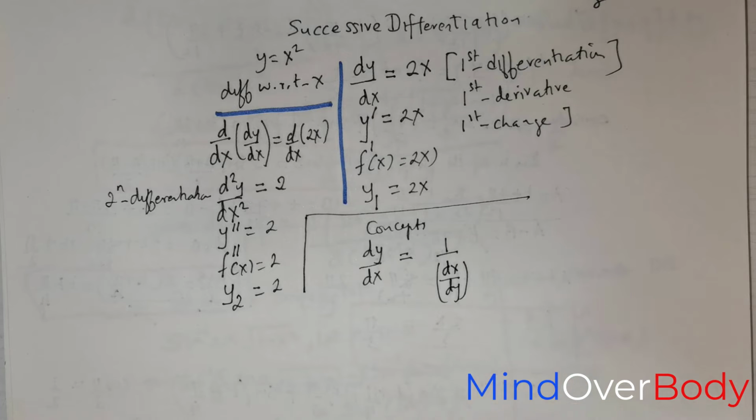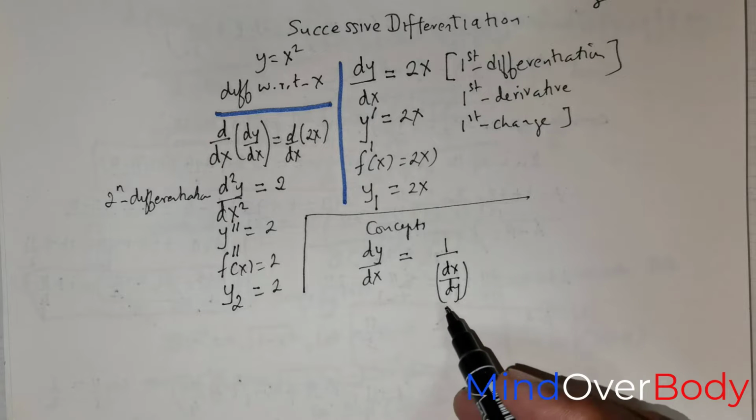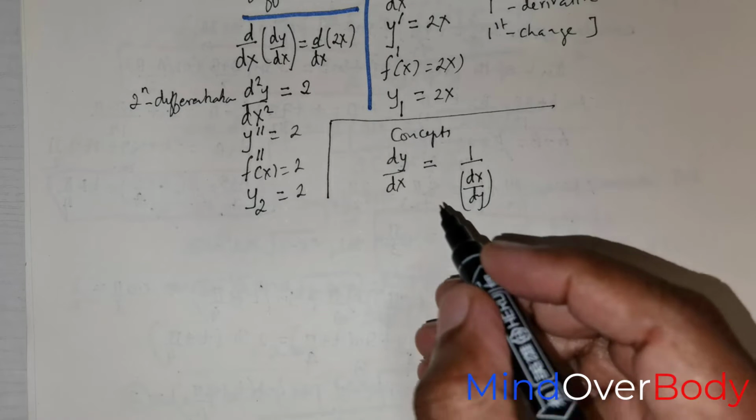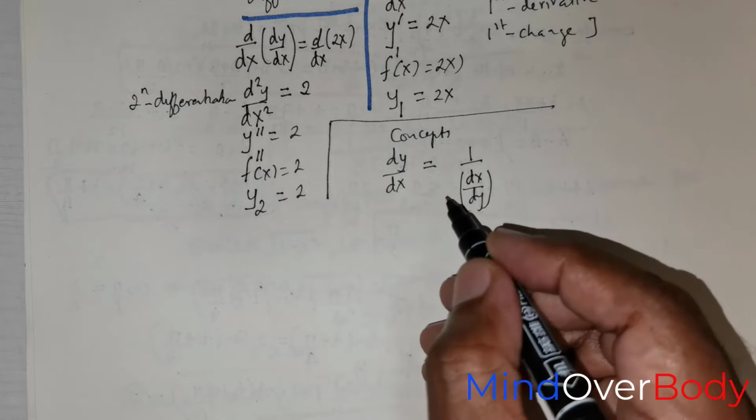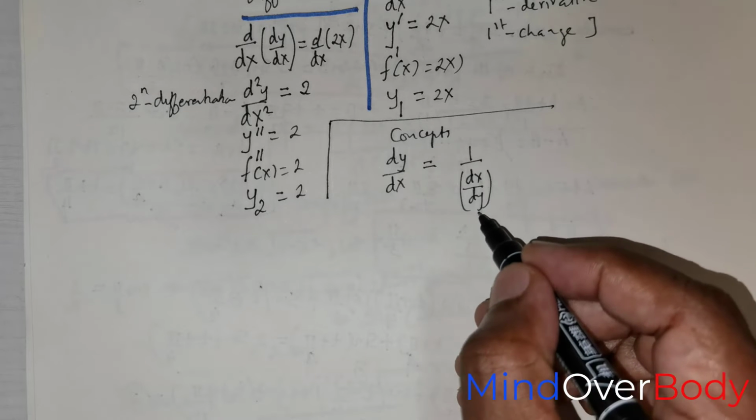Is it possible? Can you do this? Let us actually try this. If dy over dx is equal to 1 over dx over dy, now I'm going to demonstrate that dy over dx is indeed equal to 1 over dx over dy.